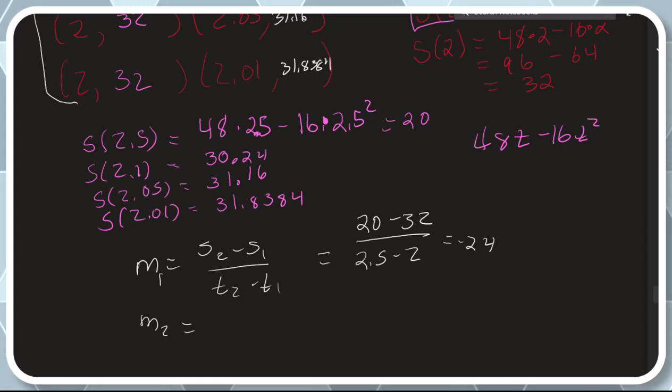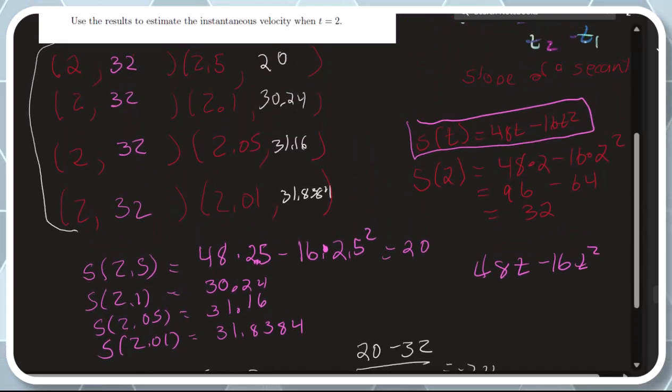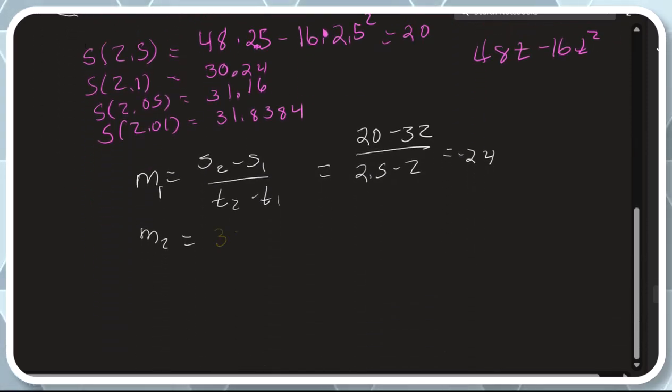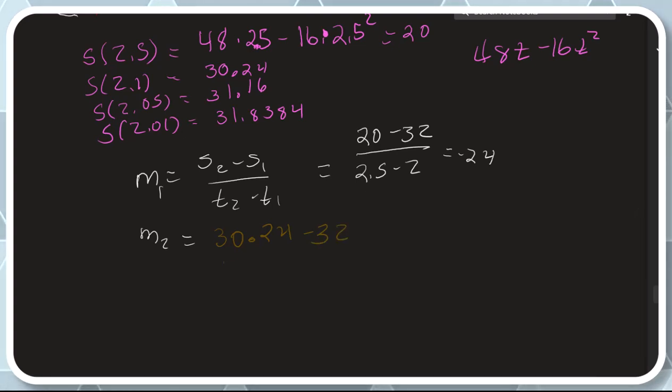And then for the second one, we would have the second distance, 30.24 minus 32, all over 2.1 minus 2. I get negative 17.6.